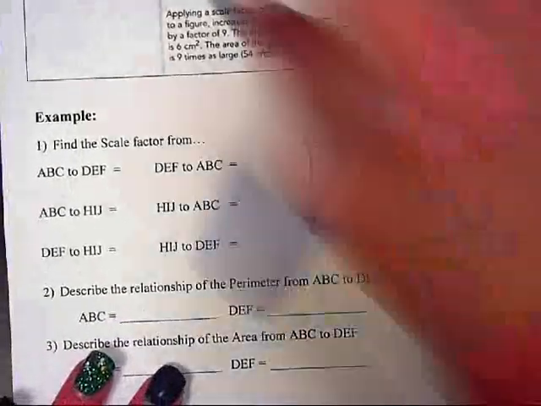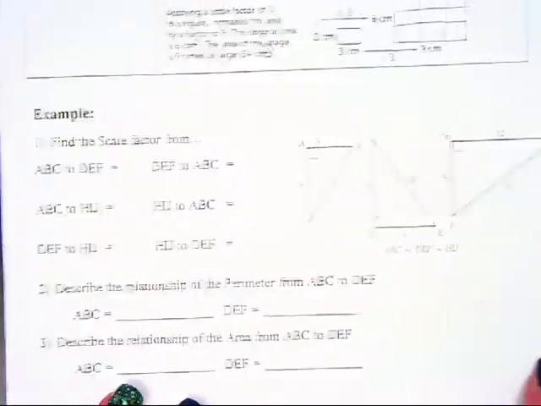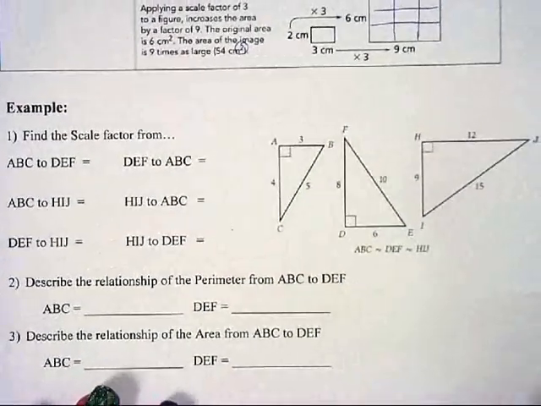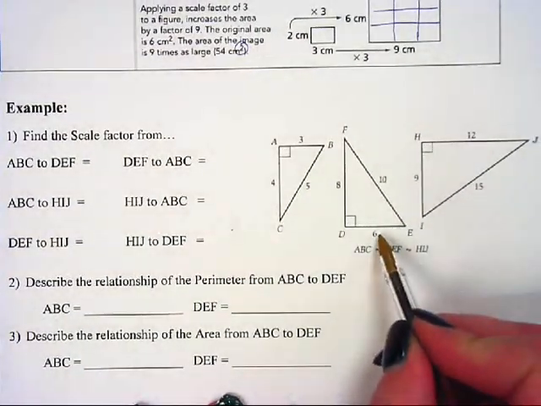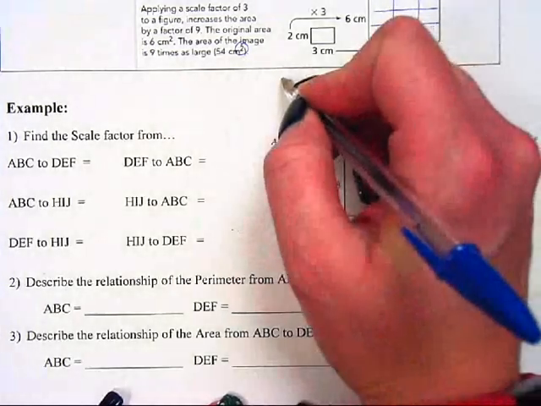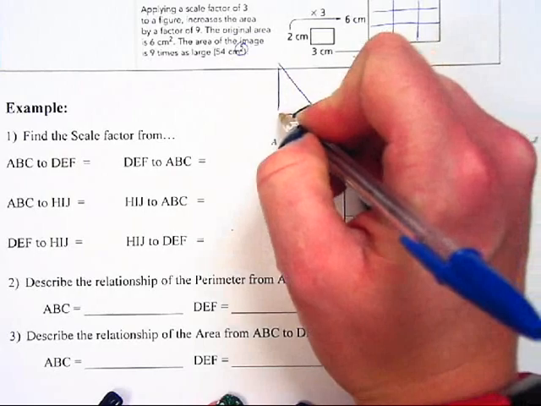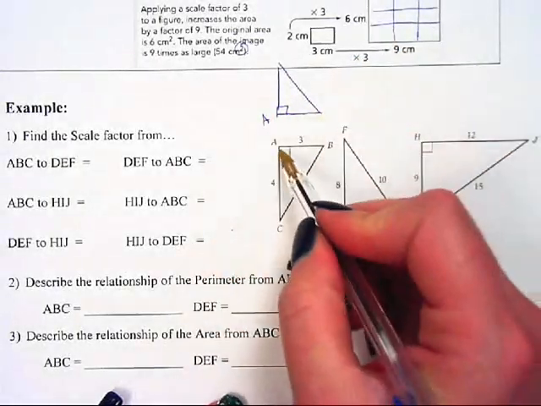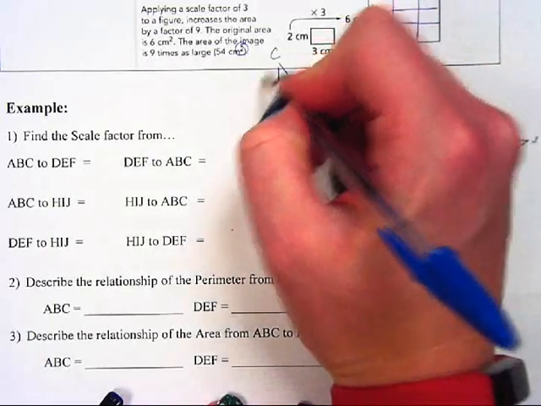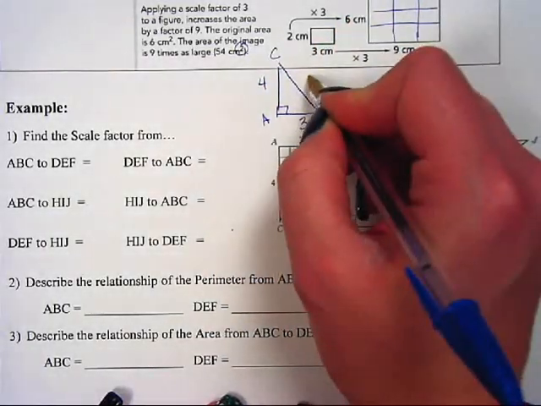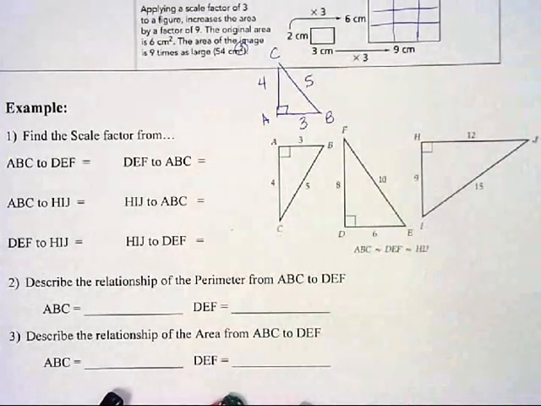All right, so let's try some examples here. In my picture, you'll notice they're all facing different directions. So my first step is to turn them so they're all facing the right way. I'm going to leave this one with that right angle in the bottom left-hand corner. If I rotate, A is my right angle, the long length is C, and the short length there was 3, and my diagonal was 5.